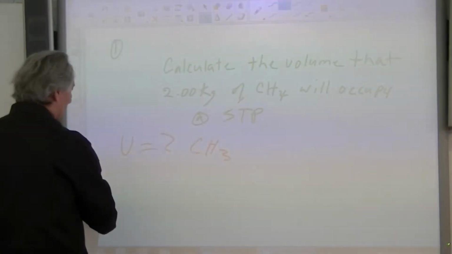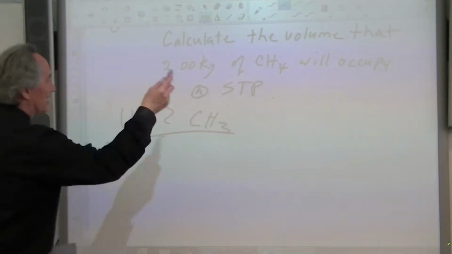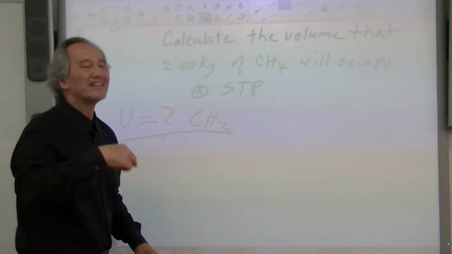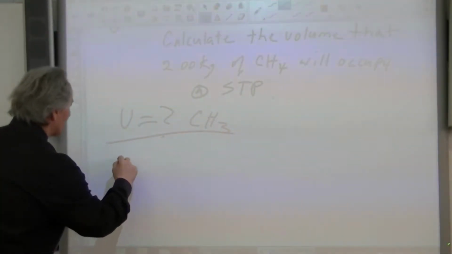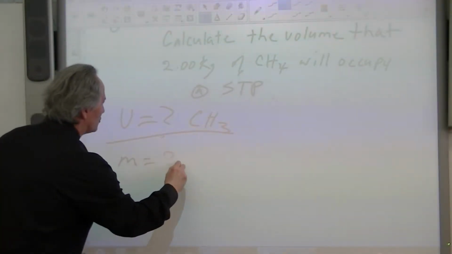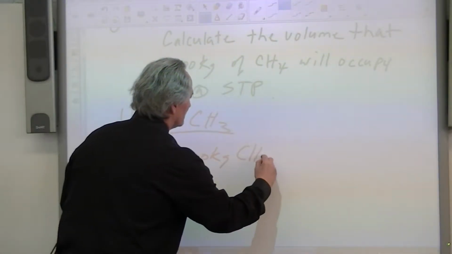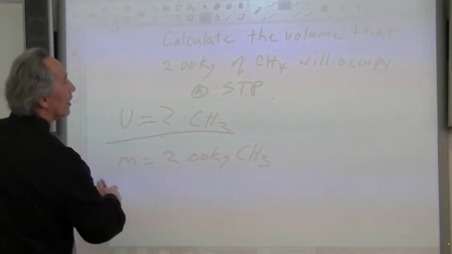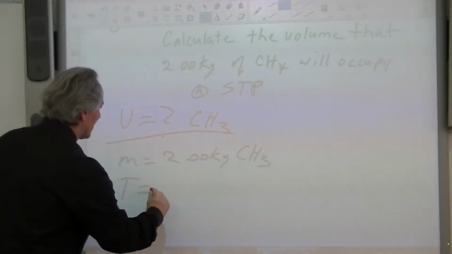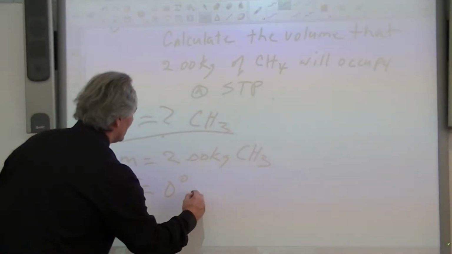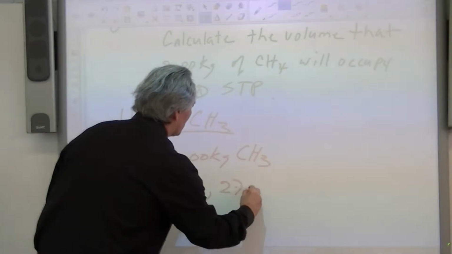Now note, after we identify the unknown, let's identify what our given data is. First of all, we were given a mass, and that mass is 2.00 kilograms of methane. We're also given temperature, standard temperature, which is 0 degrees Celsius or 273 Kelvin.